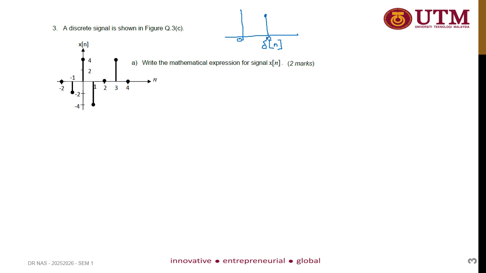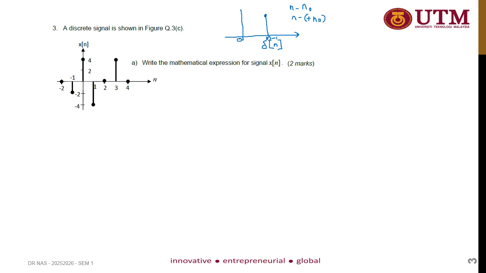Here, it is n minus 1. Why n minus 1? Because the shifting position rule is n minus n naught, in this case positive n naught, on the right hand side. If you have only one unit impulse, it is represented by the delta function.